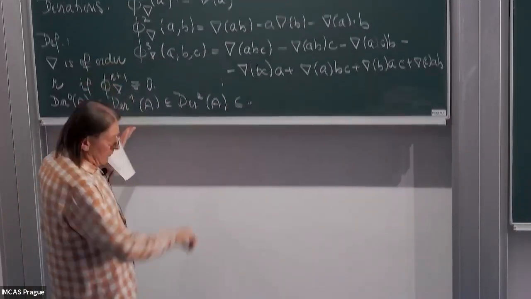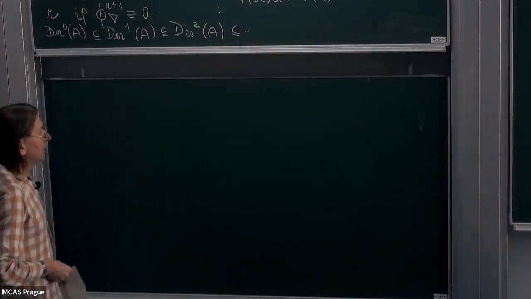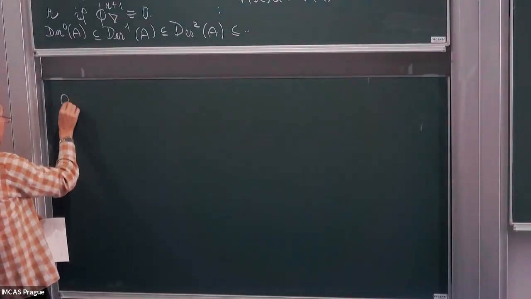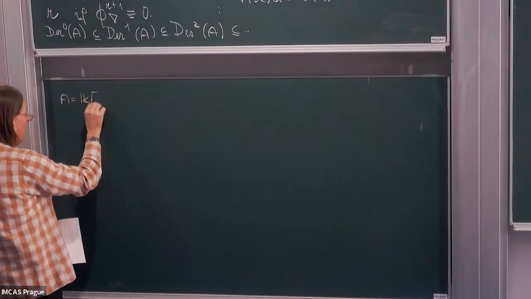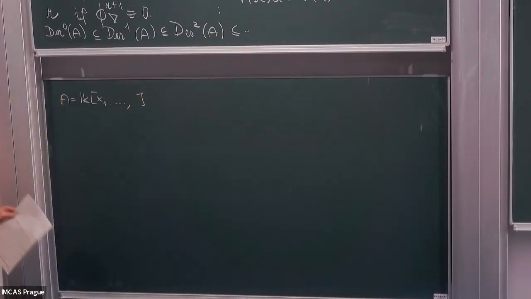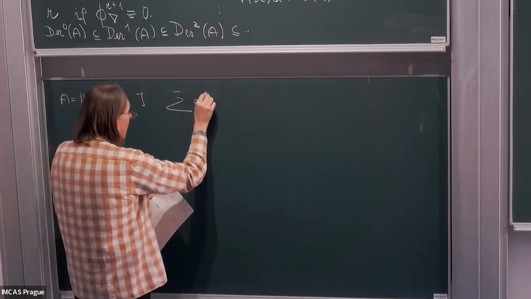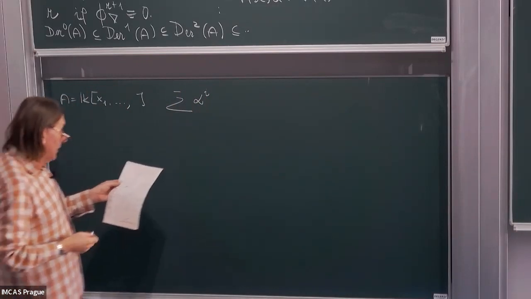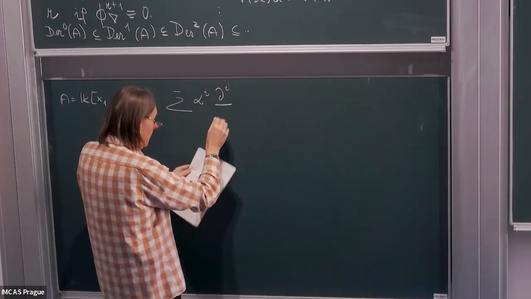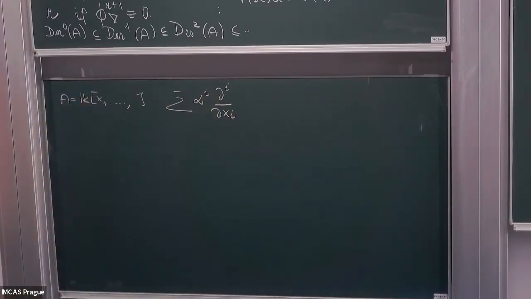So if you wish to see some examples, then of course the derivation of order 1 is what we would expect, namely if A is a polynomial ring in some variables, not important here, then something like the summation of alpha i, where the alpha i's are coefficients from the ground field, times d over d x i is a derivation of order 1, the usual derivation.